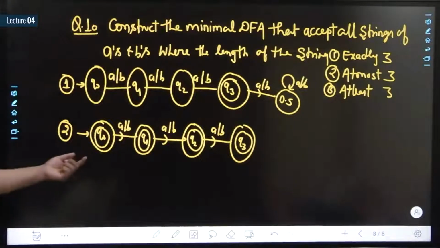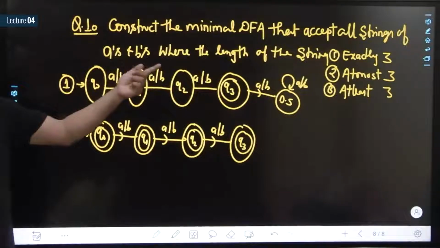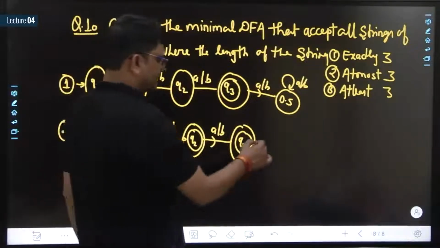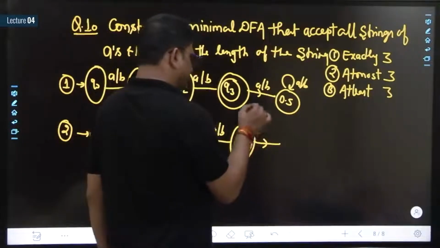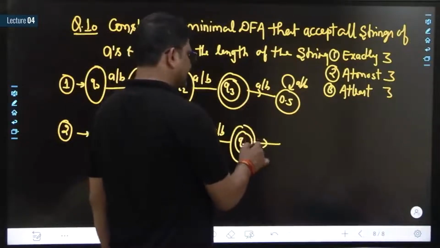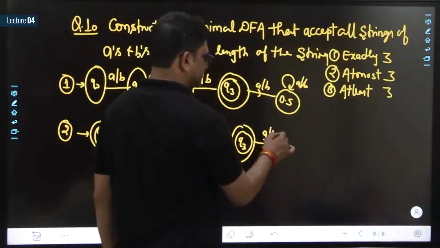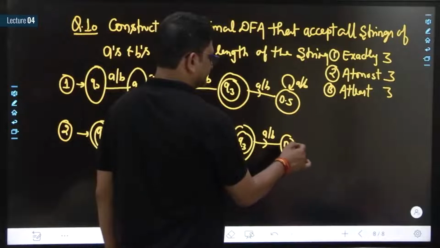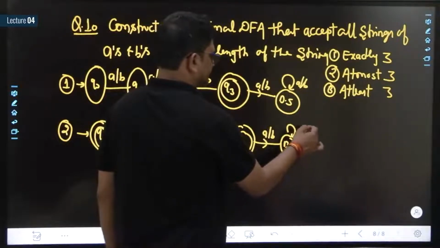Clear? This is for at most 3. If A and B come onto the state Q3, it goes into the dead state. Clear?